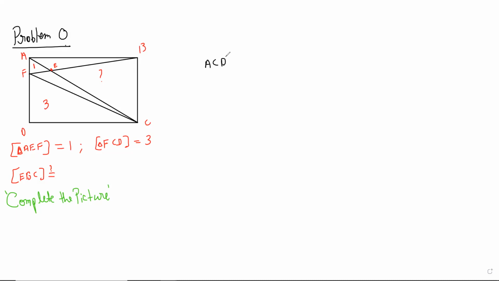Yes. So ABC is basically AEF plus EFC plus FCD. Right. And FBC is basically EFC plus EBC.